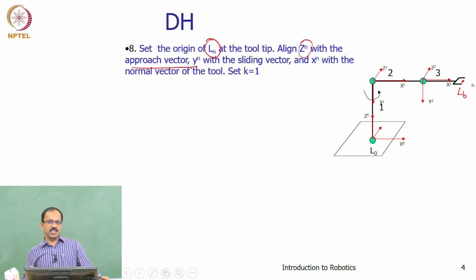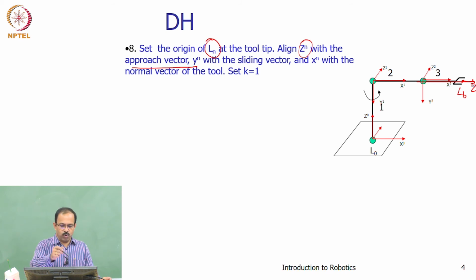The approach vector is the roll axis. So if this is rotating or rolling, then this will be my Z axis. That is the Z axis of the last one, L6 or L5 depending on the number of joints. If it is a 5 degree of freedom robot it will be different from 6, so n is equal to 5 or 6 depending on whether it is a 5 or 6 degree of freedom robot.